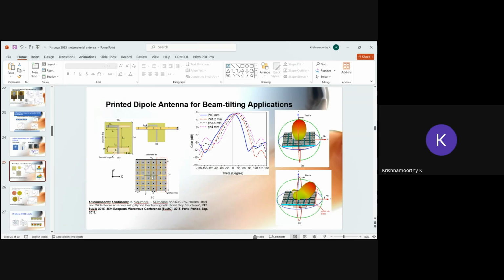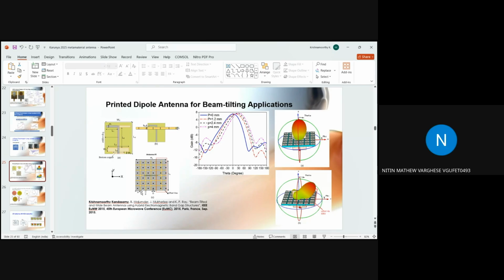If you want to tilt the beam towards the left side of the z-axis, then on the left side we shift the two columns of vias from center to the edge. Similarly, to tilt in the forward or backward direction, we shift the top and bottom vias from center to the edge. Then we can tilt the beam.